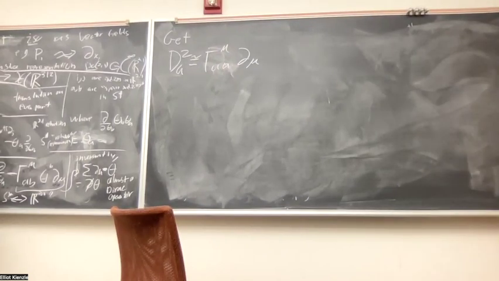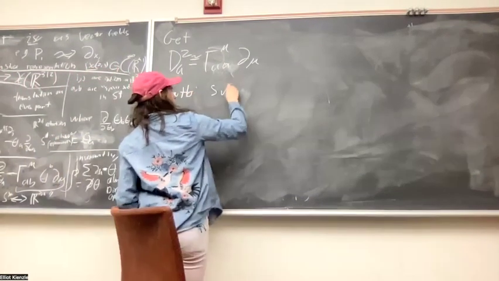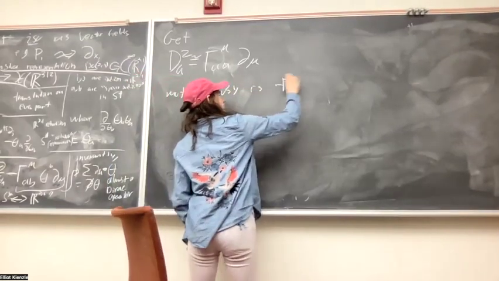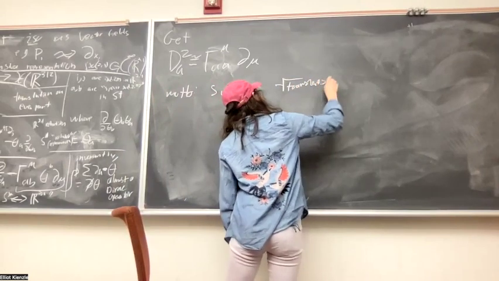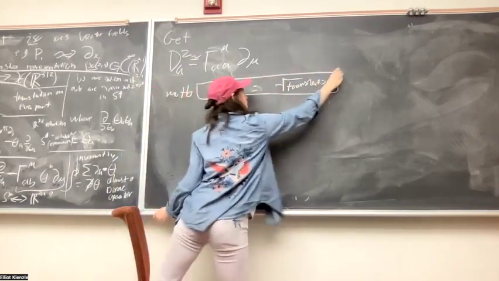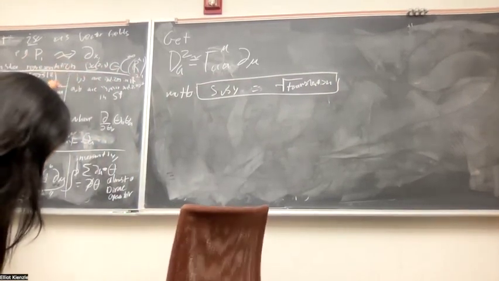Okay, sure. But that's all I have time for today. This is basically the motto: supersymmetry is the square root of translations. Where I would go with this is that this furnishes a representation in terms of superfunctions.